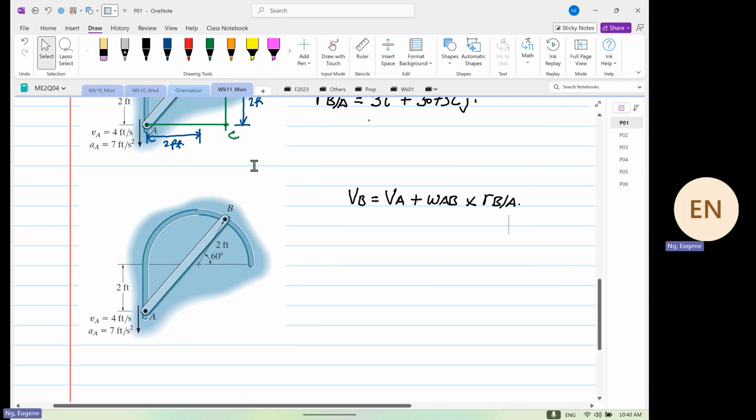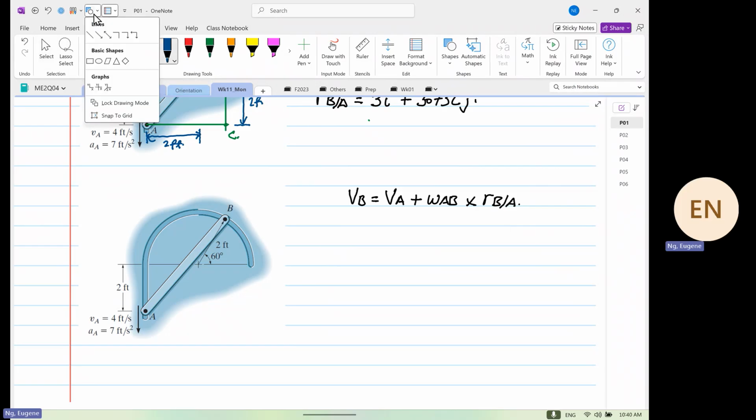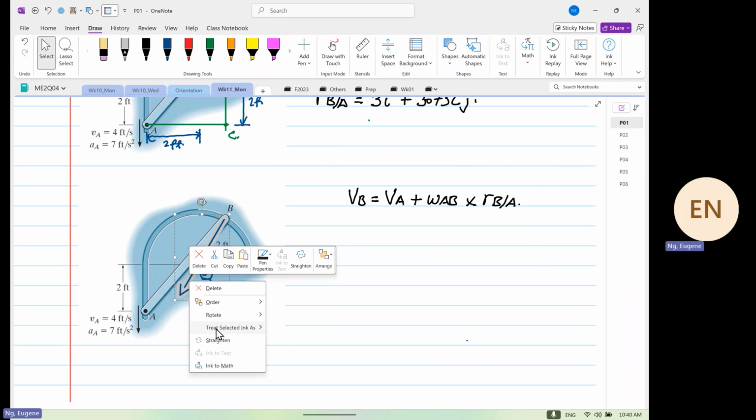So from here, we know that we have to draw... I want you all to watch how I sketch VB. When I draw VB to the center, this is the center O. Okay, and then I'm going to rotate it by 90 degrees.